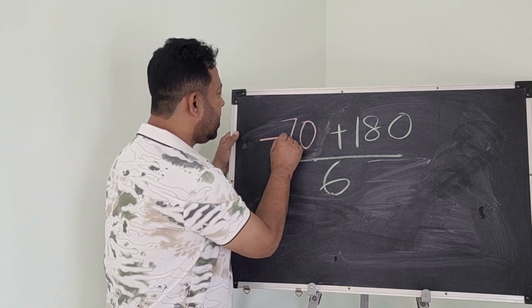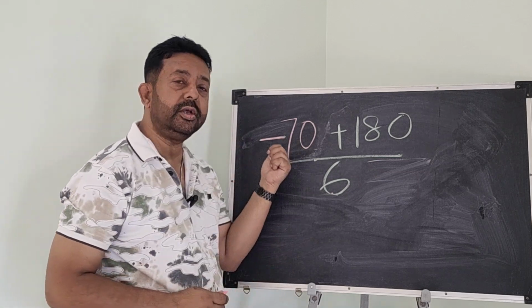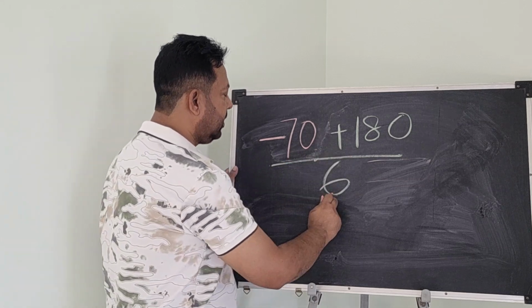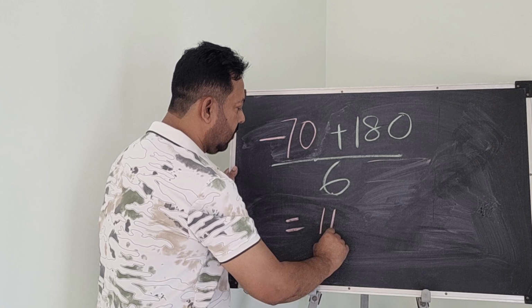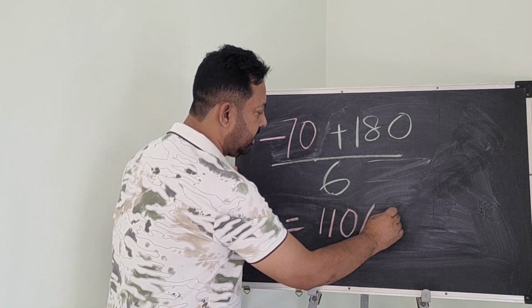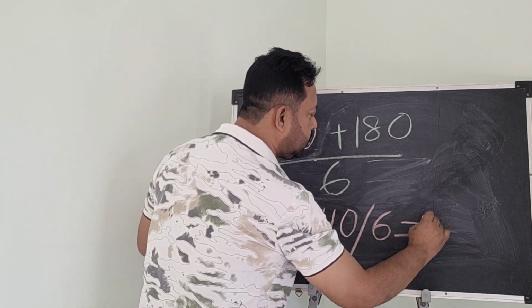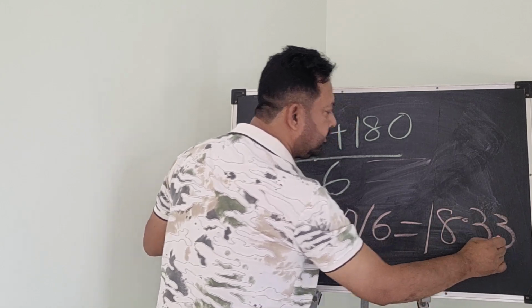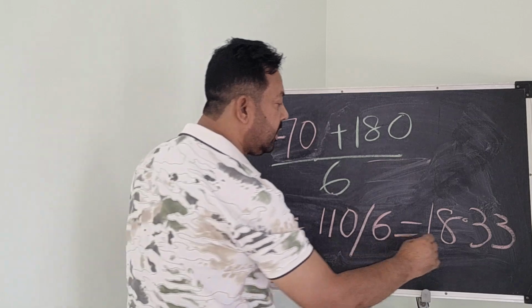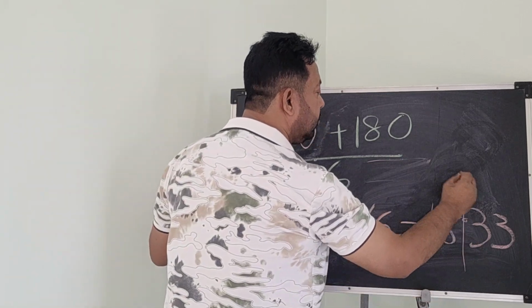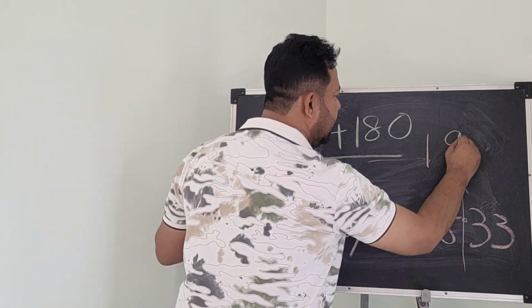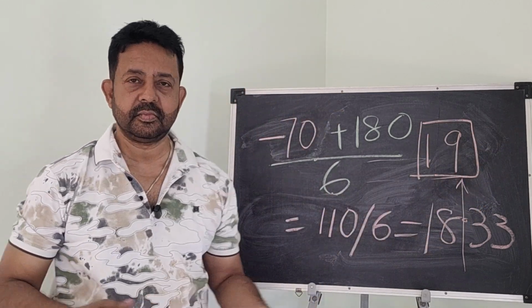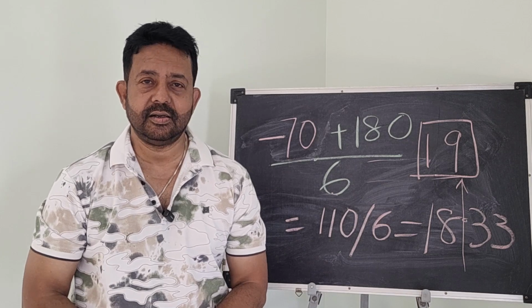So as per the quadrant rule, my longitude is going to be minus 70, plus 180 divided by 6, which is 110 divided by 6, and that comes to 18.33. So if I have to round it up, my zone number is going to be 19. This is as simple as that.